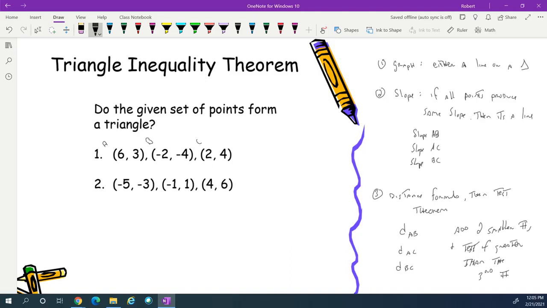They all have different slopes. So if you get two slopes that are the same, it can't be a triangle. And a graph is a nice picture, but we must be able to do it algebraically. Okay, that is a necessity.